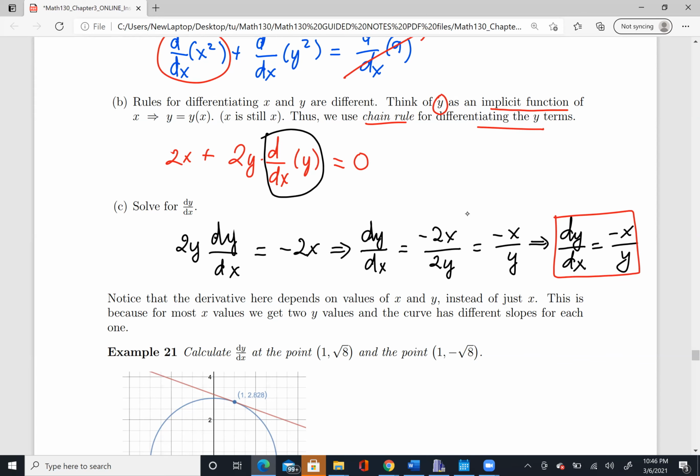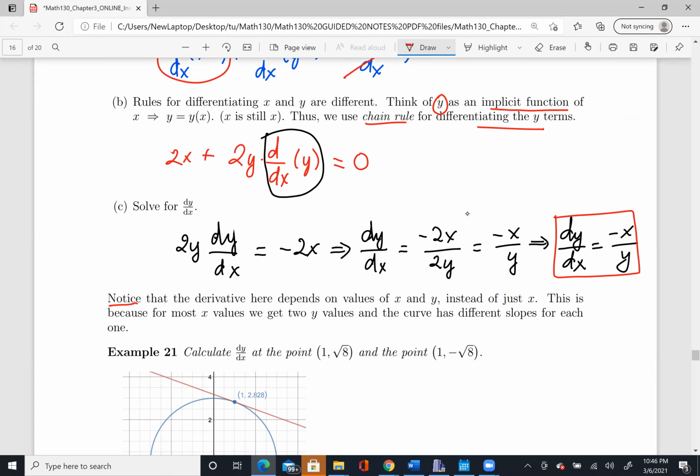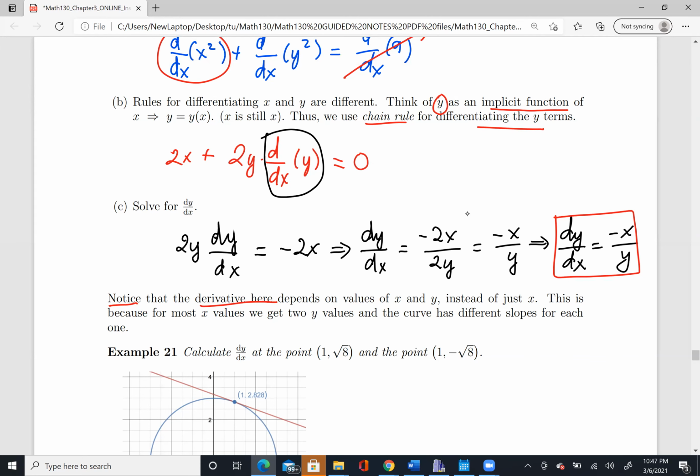Notice that the derivative here depends on the values of x and y instead of just x. It is because for most x values we get two y values, and the curve has a different slope for each one.